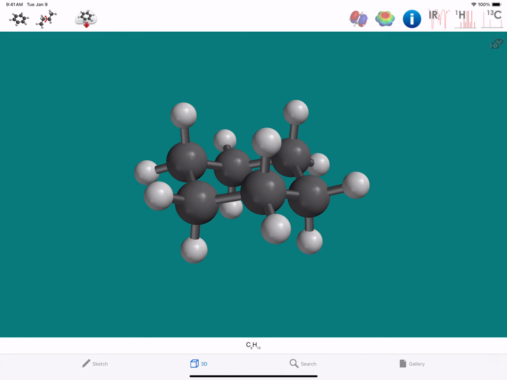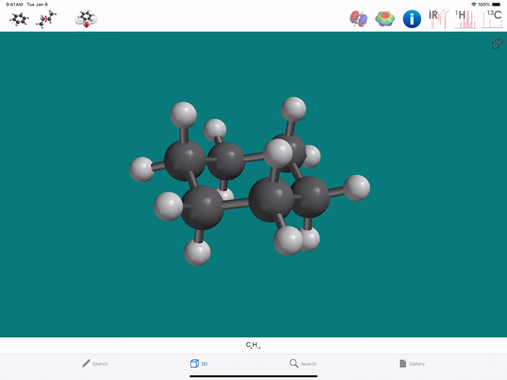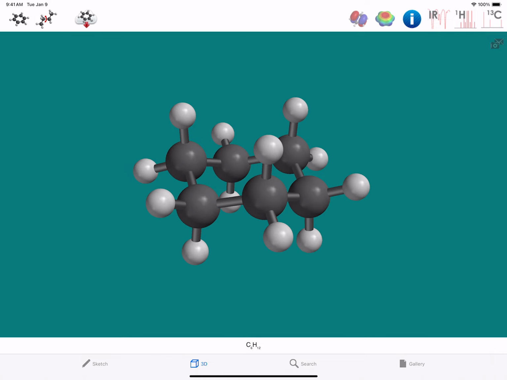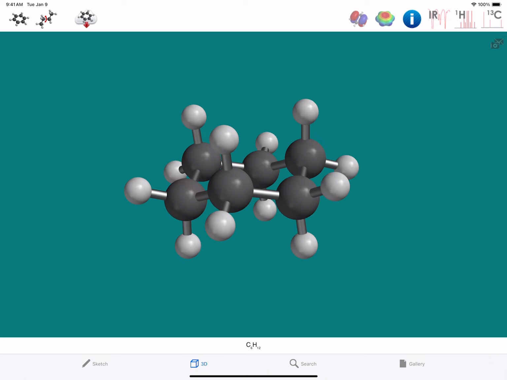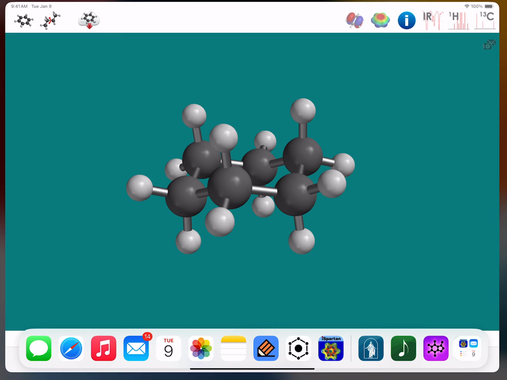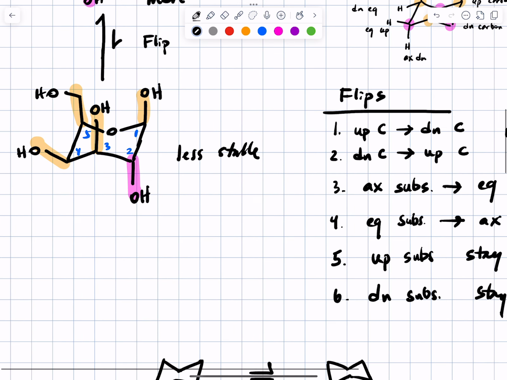Here we're looking at it, and you can see that the chair is sort of slanted to our left. Got it, right? To make it slanted to the right, I don't actually have to do a chair flip. I just need to twist the ring around a little bit, right? So to me, drawing it this way versus that way doesn't communicate chair flipping, because I can simply step to the left or step to the right. I'll just illustrate that in our drawing here.